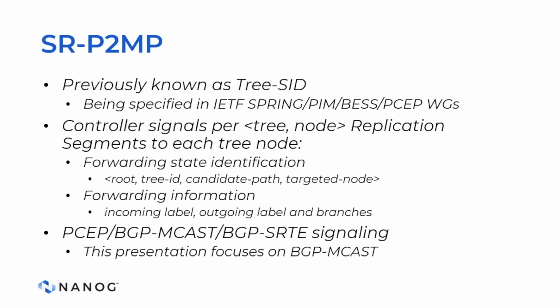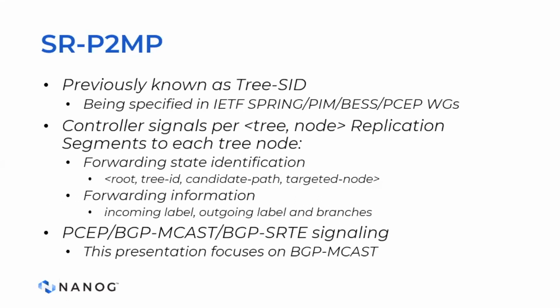The forwarding state for a particular node on a particular tree, we refer to as a replication segment. A replication segment is identified by the root ID, tree ID, candidate path, and targeted node.